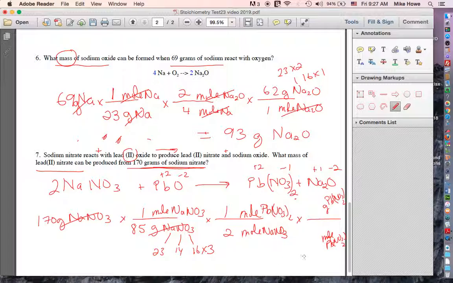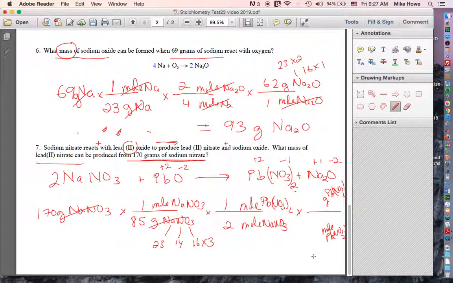All right, so to add that up, the lead is 207. So write that down, 207 plus. Now inside the parentheses, you have a 14 plus 3 times 16. Then you have to multiply that by 2 because there's 2 of them. So 207 plus 14 plus 16 times 3, 16 times 3 is 48, plus 14 is 62.